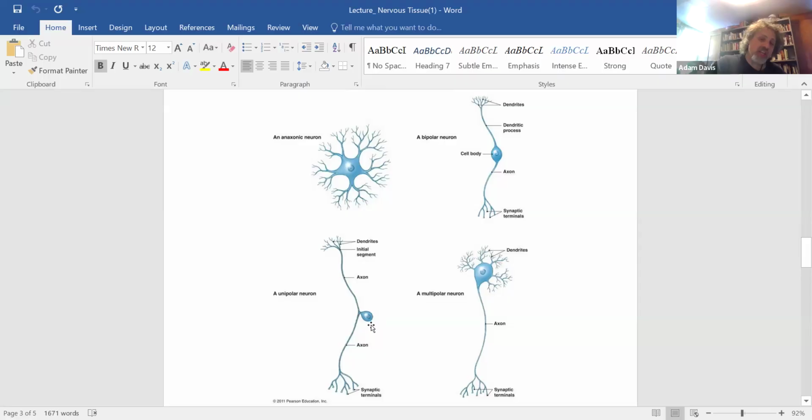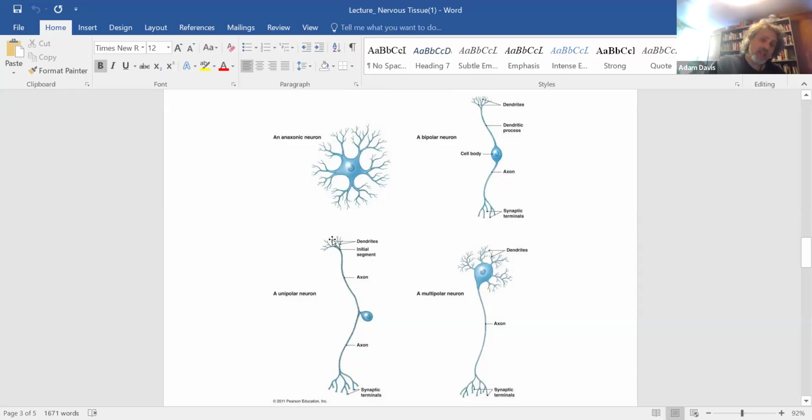Neither of them, as you can see, actually goes through the soma. They don't go through the cell body of the neuron. There's kind of this T-shaped branch where the dendrite and the axon fuse into one long fiber that bypasses the soma altogether.